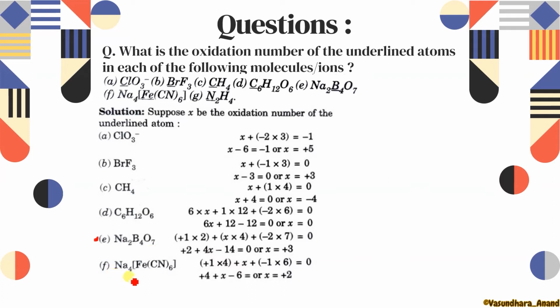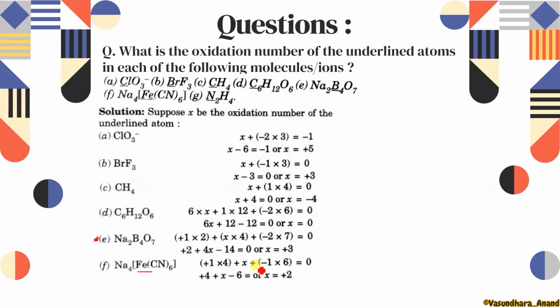Next was Na4[Fe(CN)6]. We have to find Fe as the central atom here. It is underlined. One sodium is +1, so 4 sodium will be +4. Don't be confused with this bigger parenthesis; it is simply a compound, so we have to add all the oxidation numbers.